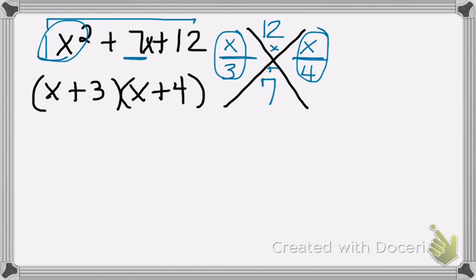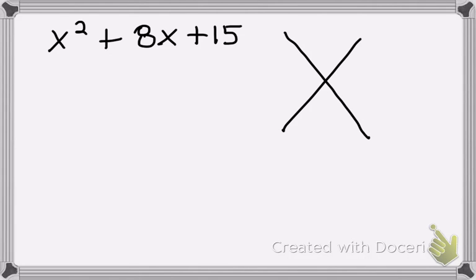So let's do one more example. X squared plus 8x plus 15. Our first step is going to be to draw our big X, A times C on top, but in this case, again, in all the problems today, we have A as 1.